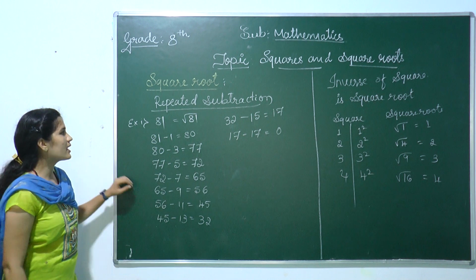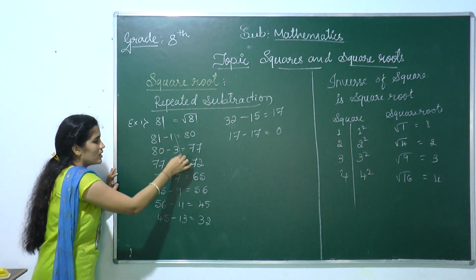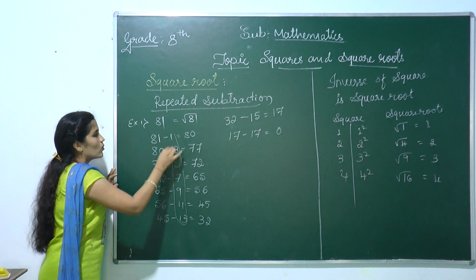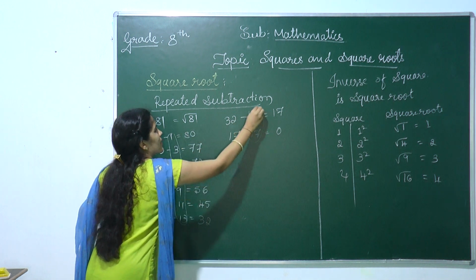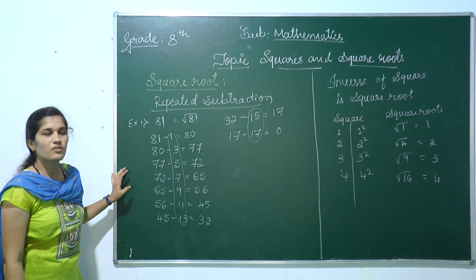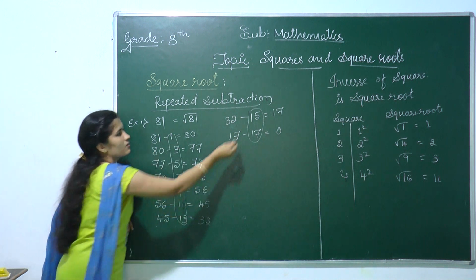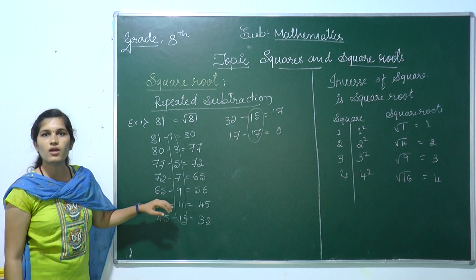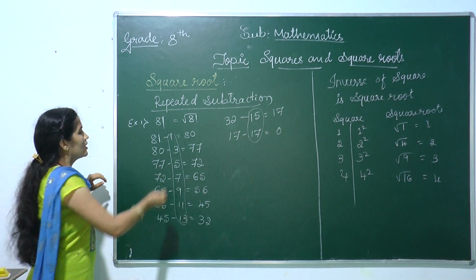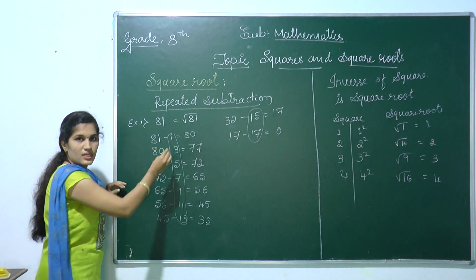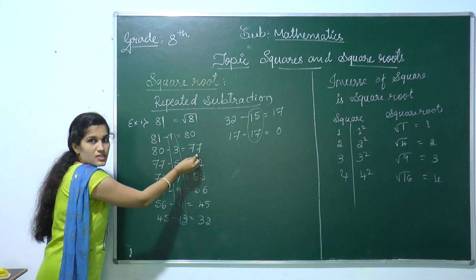You can see here, I have done the repeated subtraction only with odd numbers: 1, 3, 5, 7, 9, 11, 13, 15 and 17. All these are odd numbers. 81 minus 1 is 80, 80 minus 3 is 77.